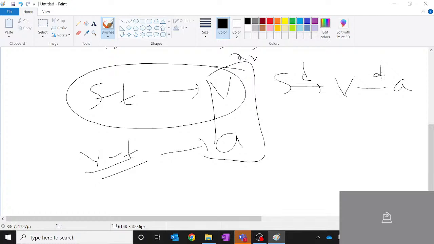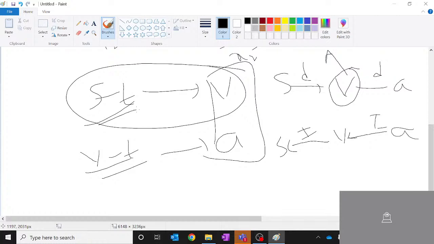Correct? The reverse of this, same. Integration of a gives you v, integration of v gives you s. Because your slope is nothing but change in displacement by time, you are getting velocity in the slope of st graph. Because change in velocity gives you acceleration, the slope of vt graph gives you a. Understood? Clear?